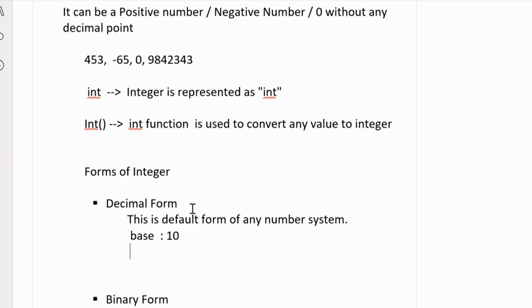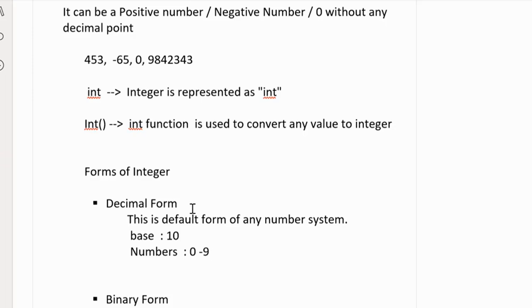Now, what are those? The numbers which are used in decimal form are 0 to 9: 0, 1, 2, 3, 4, 5, 6, 7, 8, 9. These are the 10 digits which are used to represent any number.